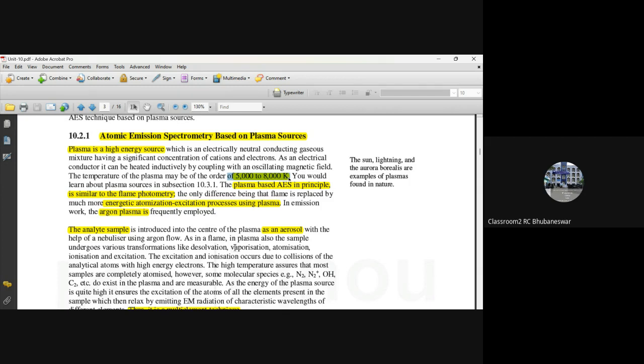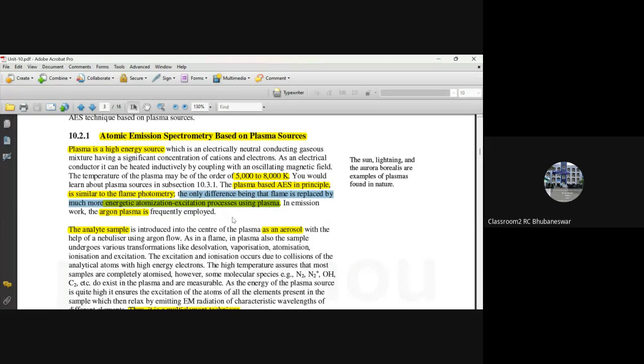The plasma-based method is in principle similar to flame photometry, but the only difference is that the flame is replaced by a much more energetic atomization and excitation process using plasma.